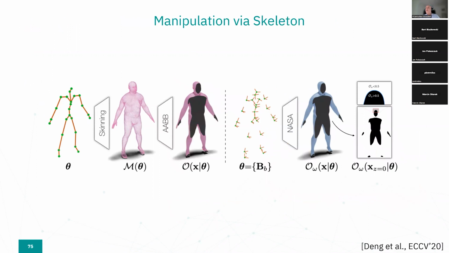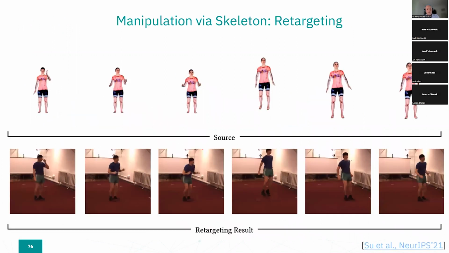So we also have applications of NeRFs and signed distance fields in graphics, for manipulation of objects. Here, for example, retargeting: given a video sequence, we train a network, adding additional knowledge such as a skeleton, which is fit into the network.